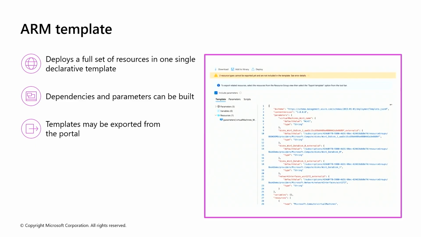These templates support built-in dependencies and parameterization, allowing flexible deployment configurations at runtime. They can be exported directly from the Azure portal or sourced from Microsoft's Quick Start templates on GitHub, making them accessible even to database administrators who don't write templates from scratch.